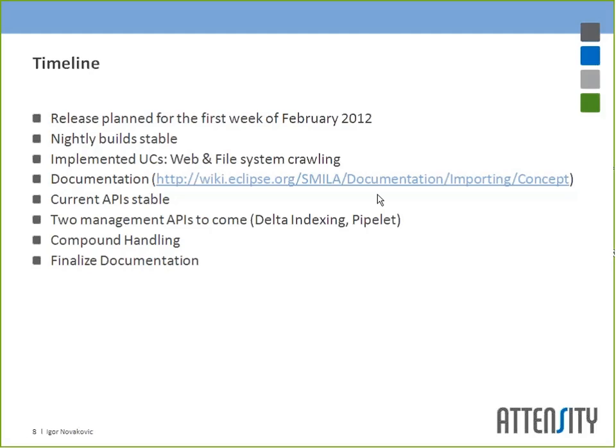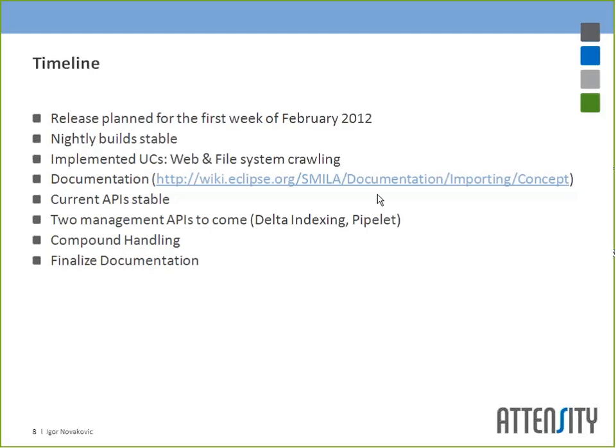One is for delta indexing, and the other is for pipelet monitoring, which is quite exciting, so that we can separate ourselves from JMX as a protocol for monitoring operation and completely switch to the REST APIs when it comes to operation management and monitoring.